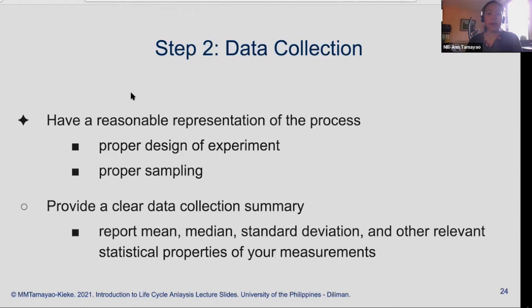You have to have a reasonable representation of the process, and to have this, you have to have proper design of experiment and proper sampling, and you have to be able to provide a clear data collection summary. And this could include descriptive statistics such as the mean, the median, standard deviation, and other relevant statistical properties for your measurements.